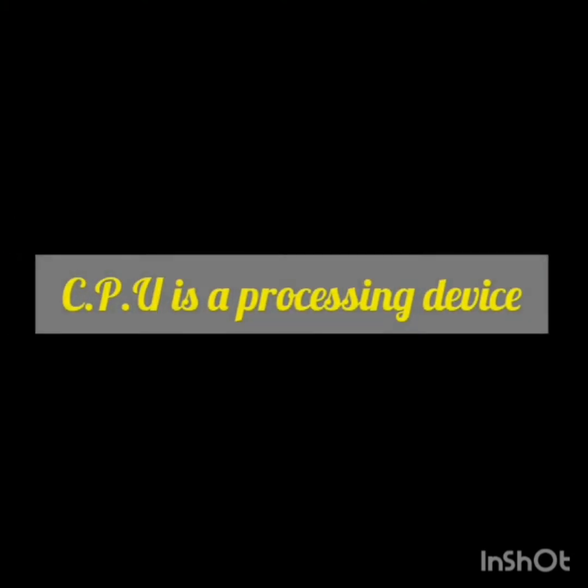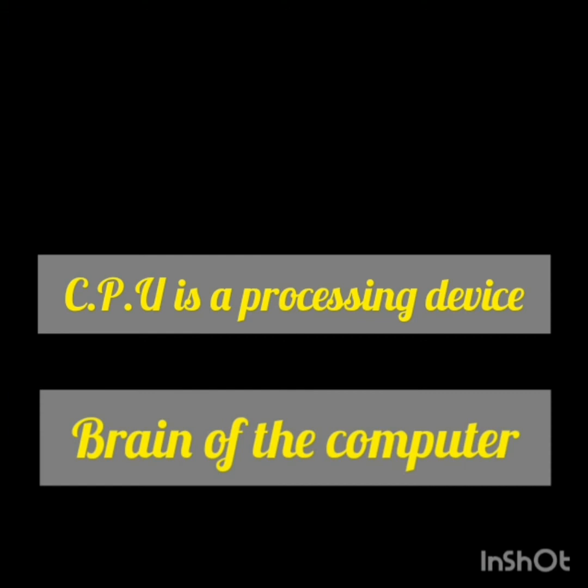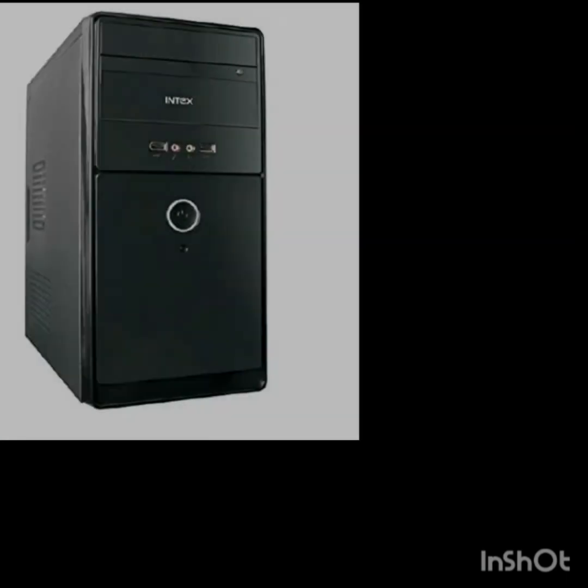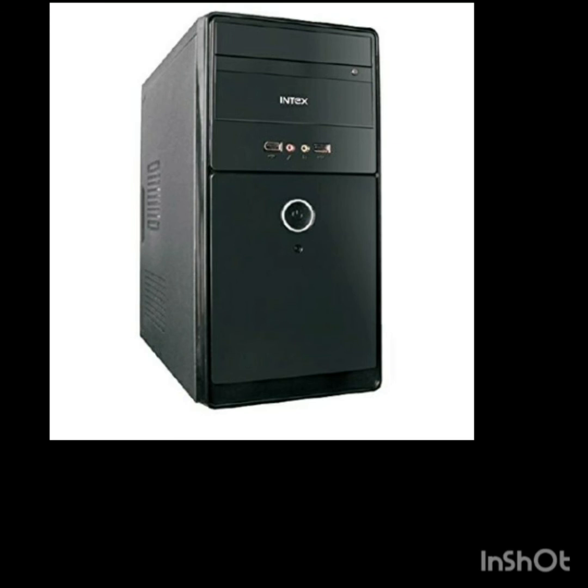The CPU is the processing device and is known as the brain of the computer. It is the most important part of the computer system. The CPU processes all the instructions given to the computer through input devices. It has three parts.